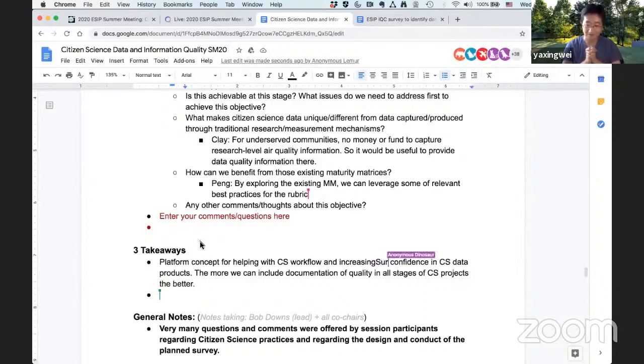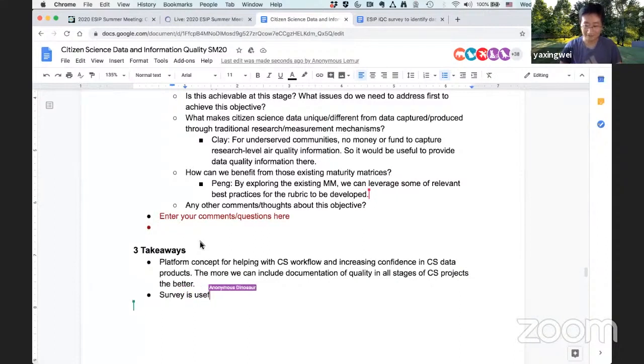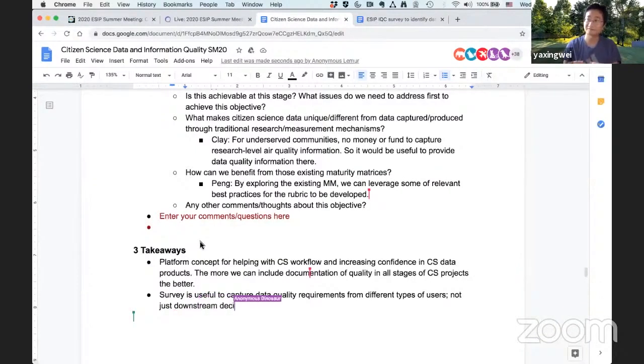I saw positive feedback on the survey, and people think the survey is useful to capture the data quality requirements from different types of users, not necessarily just from downstream decision-making users, but also in the middle, people's data quality requirements on how to encourage better science out of citizen science, which will eventually facilitate downstream decision making.